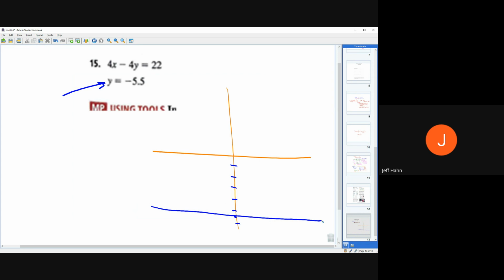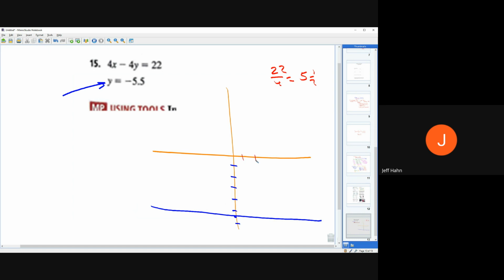The other one, again, this is why graphing is really not your best way to solve this. Today we will do a different one: standard form, solving it by x, y intercepts. If you cover up the y, x equals 22 divided by 4, which is 5.5. It crosses the x-axis at 5.5.